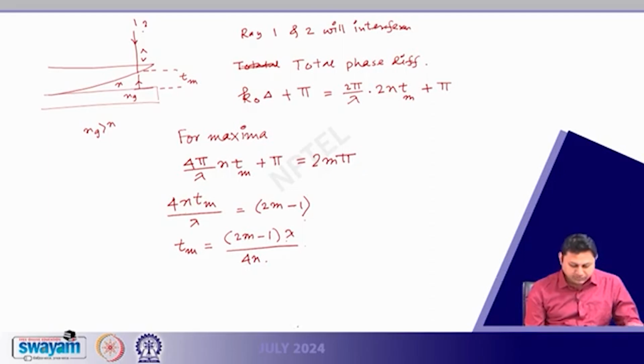For dark ring, the phase difference for maxima is 2 m pi, while for the destructive condition it is 2 m minus 1 into pi by 2. So, from that you can find out the minimum. I am not going to do that, it is an exercise that you please do.